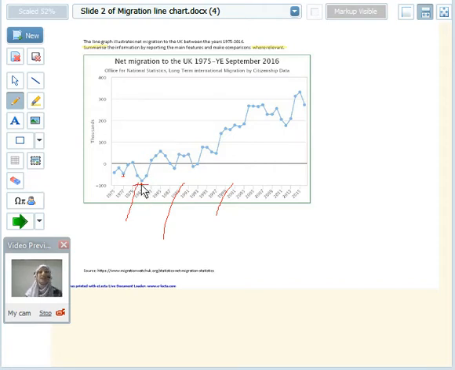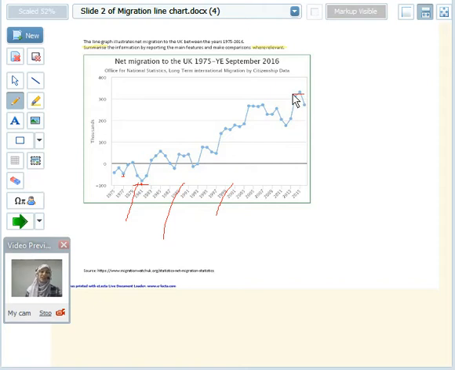In 1981, net migration was at its lowest point in comparison to 2015, where net migration was at its highest point. You could even mention that in your introduction.